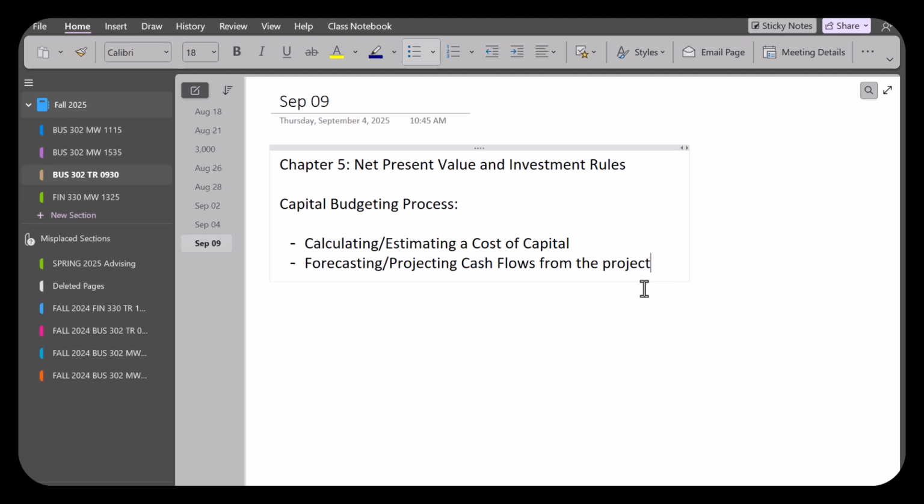Well, if I'm going to make decisions about a project, I need to figure out how much it costs to put in place, plus how long I expect to generate cash flows from this project, the life of the project, and how much cash flow I expect in each year.